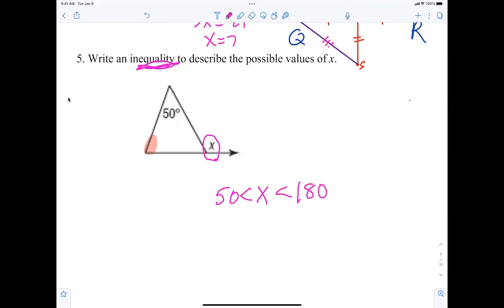Because 50 degrees, so let me say, if we said this was y, x plus y has to... yeah, that's why I don't like these questions, to be honest. Not x plus y, but y plus 50 has to equal x.